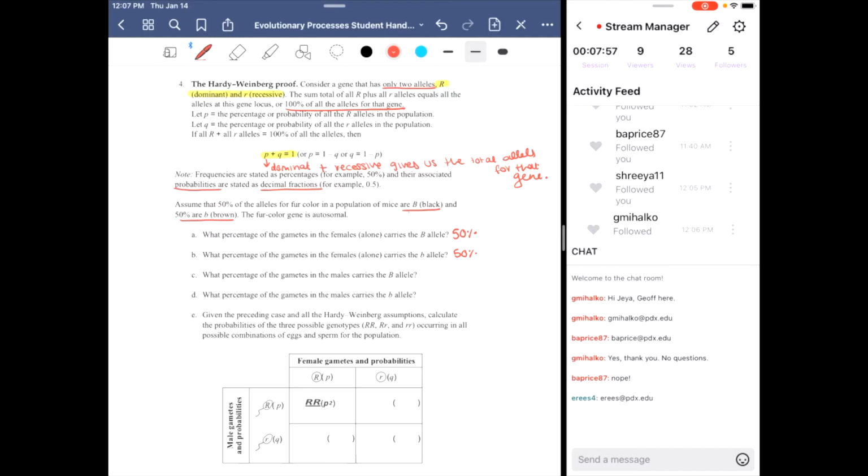And from that, we also know that the percentage of the gametes in the male for the dominant black would also be 50%, as well as for the recessive allele.